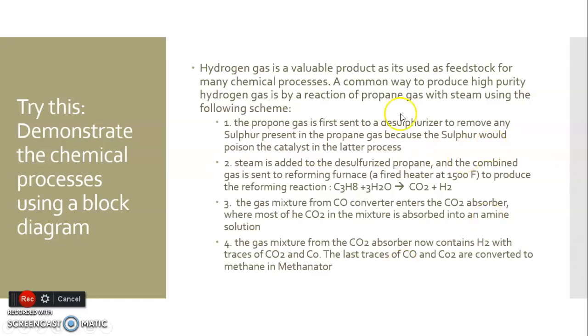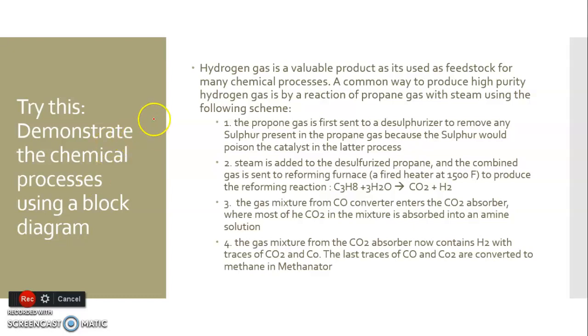Hydrogen gas is a valuable product as it's used as feedstock for many chemical processes. A common way to produce high purity hydrogen gas is by a reaction of propane gas with steam using the following scheme.